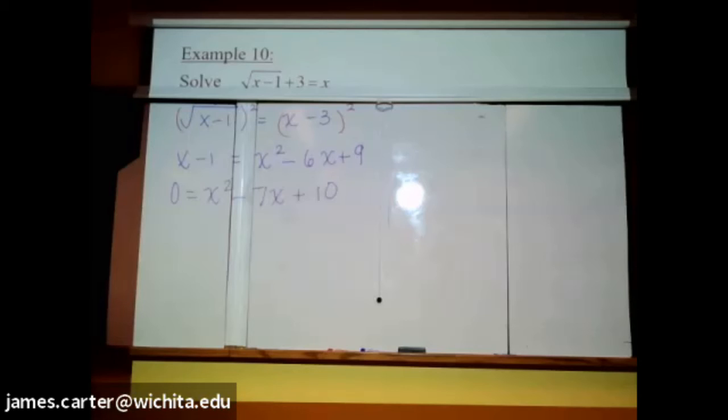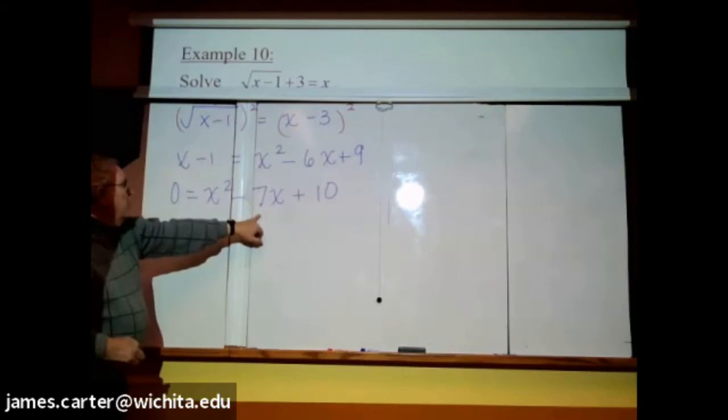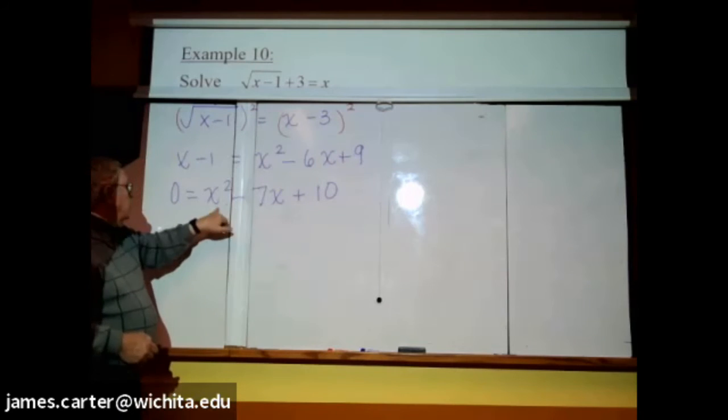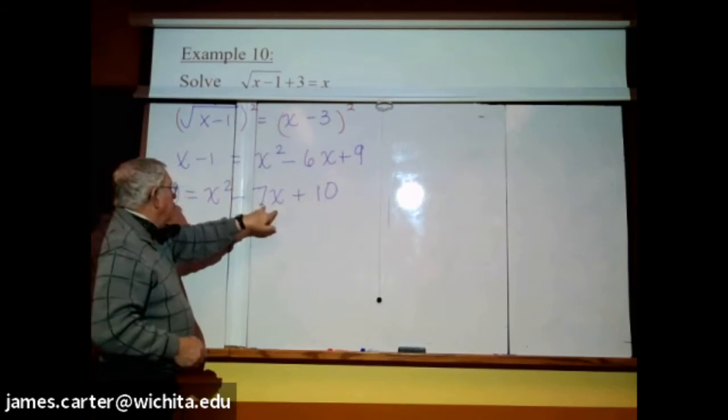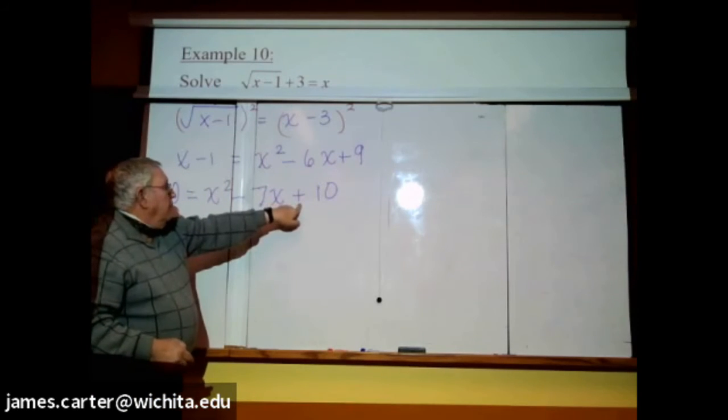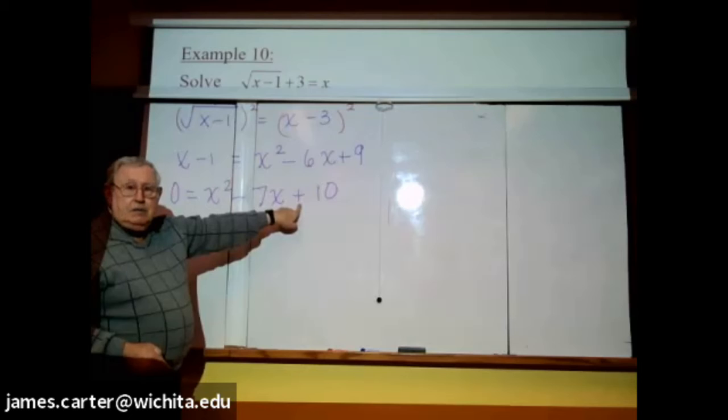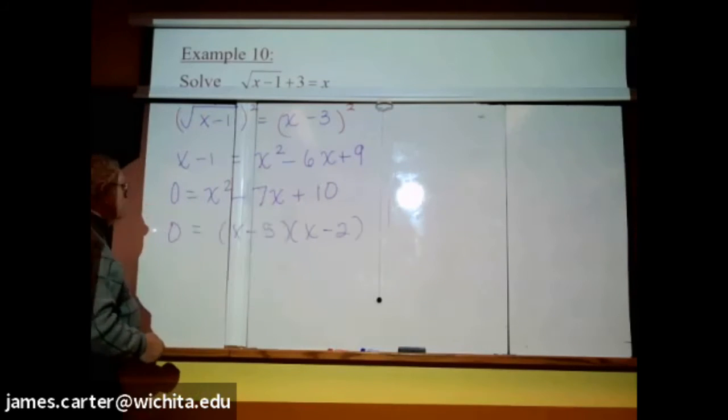Now we're going to combine like terms. We move this x and this 1 over, leaving 0 on this side. You could have put the 0 on the other side, it doesn't matter. So now let's see if we can factor this. Well, what are the factors of 10? 1 and 10, 2 and 5. 2 and 5 make 7 because you're going to add with the rule of signs.